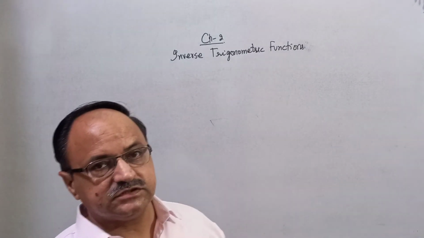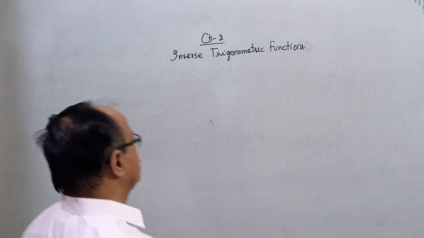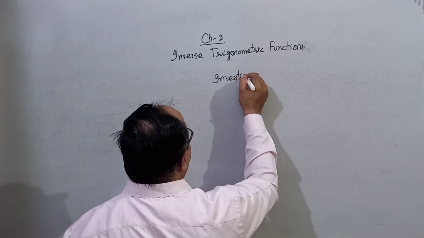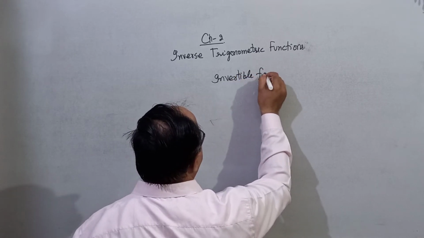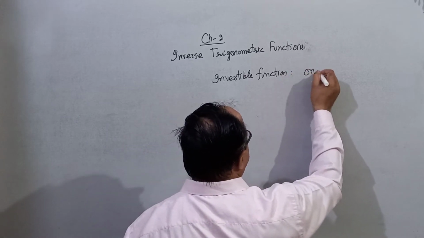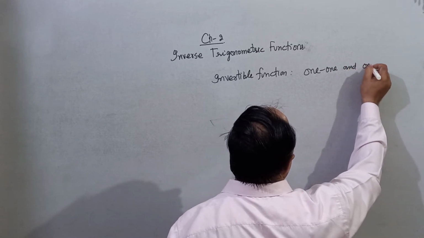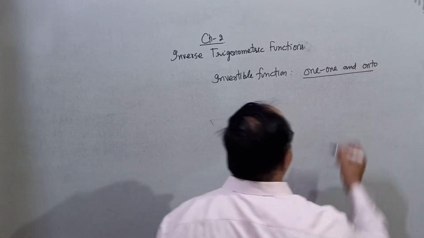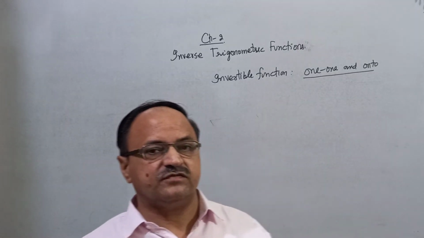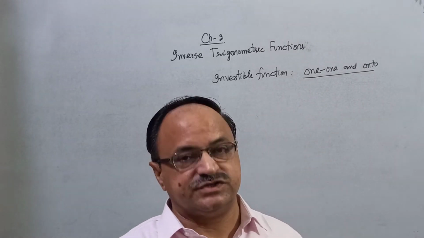And an invertible function is the function which is one-one as well as onto, both. Or you can say it is a bijective function. If the function is bijective, then that is also called an invertible function.